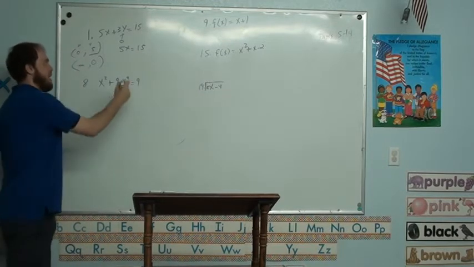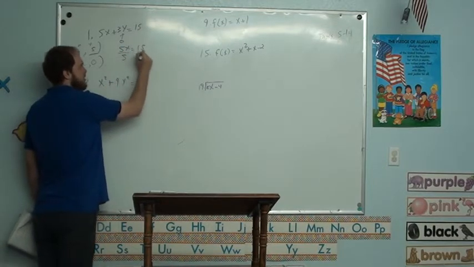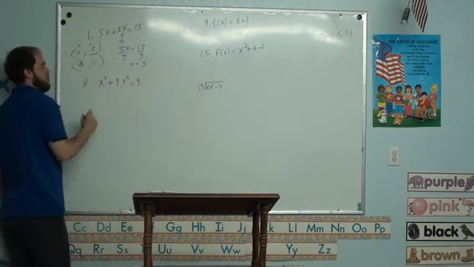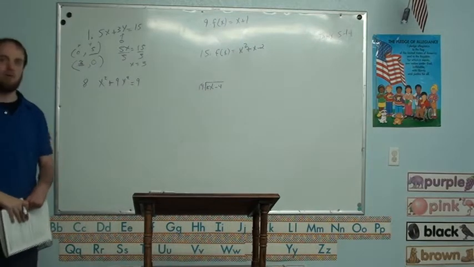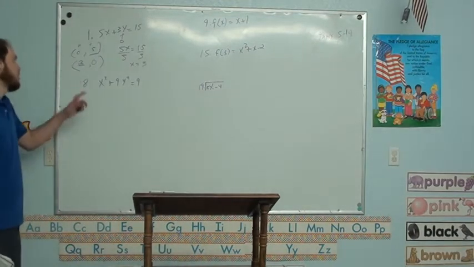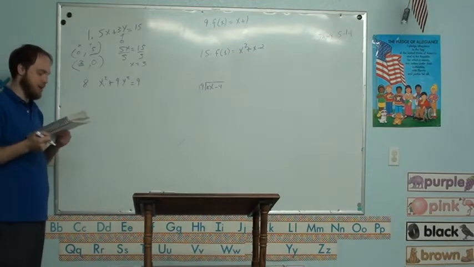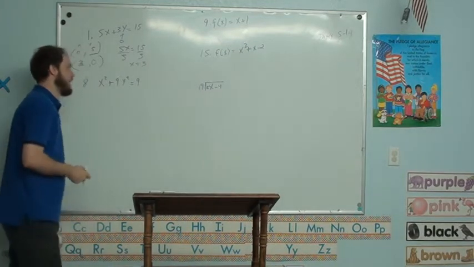Then I divide by 5 to solve for x, and I wind up with x equals 3. That would be my x-coordinate. So my y-intercept and my x-intercept are (0, 5) and (3, 0). Those are going to be my intercepts. I'll do number 8 as well.